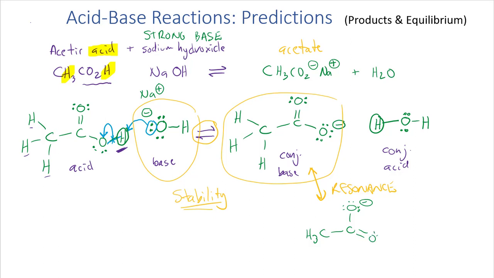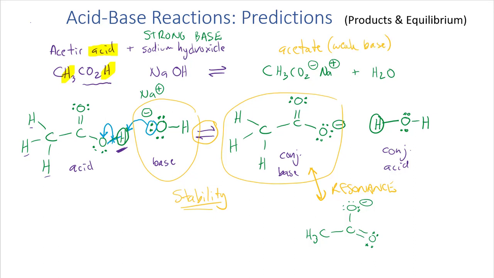Two oxygens are helping bear the burden of the negative charge, and that makes it much more stable than a single oxygen bearing the charge, as we have in the case of hydroxide. And that makes acetate, and you may remember from chemical principles, hopefully do, that acetate is a weak base.